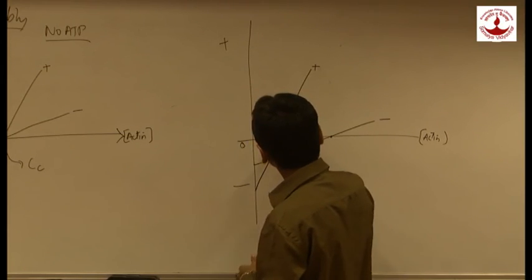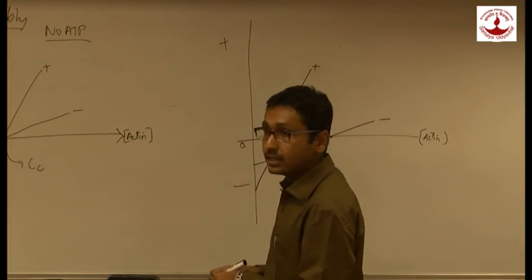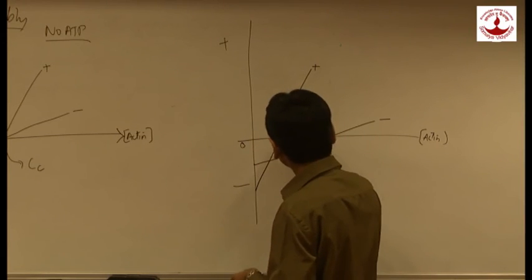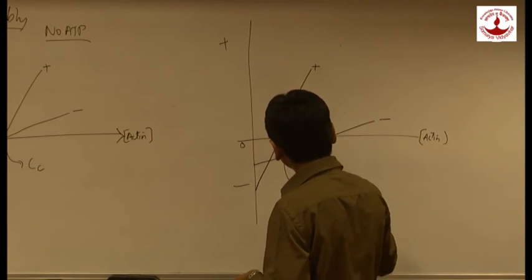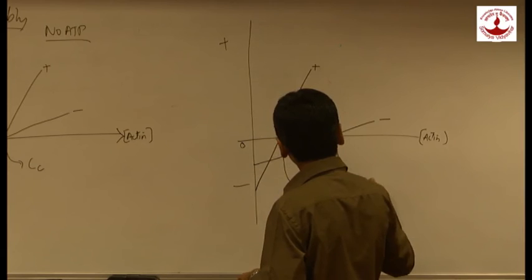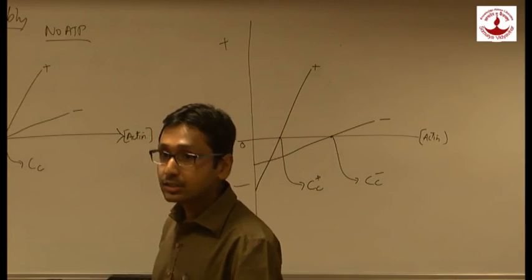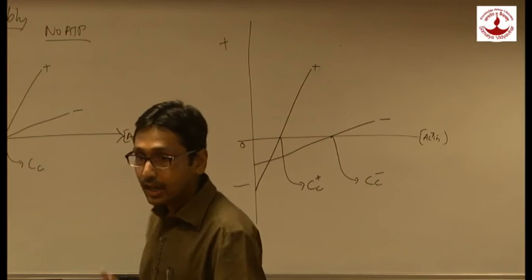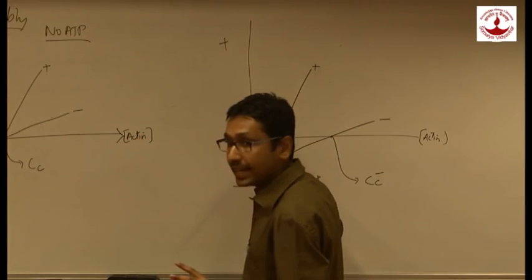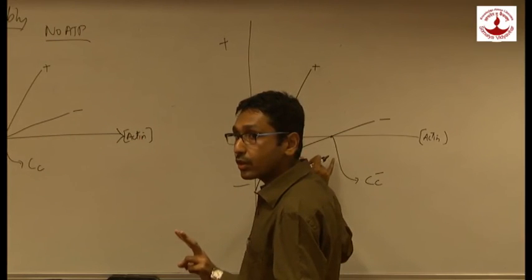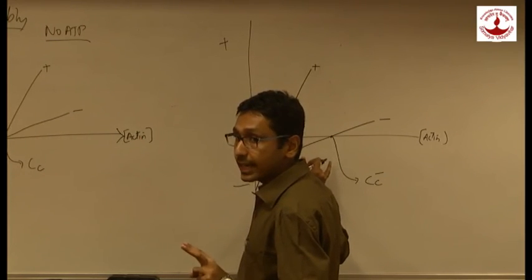In this graph, the plus line intersects the concentration of actin at what is called C sub C plus, and the minus line at what is called C sub C minus, so there are two critical concentrations now: a critical concentration for the plus end and a critical concentration for the minus end.